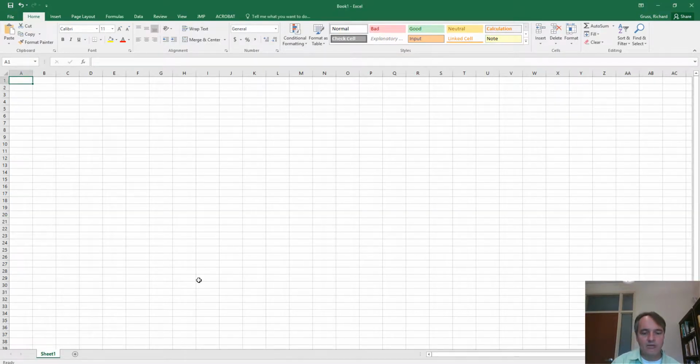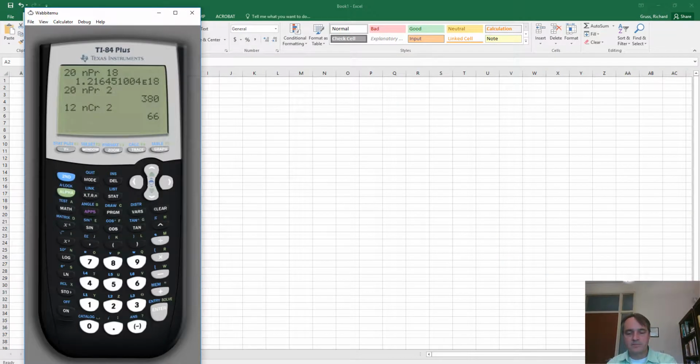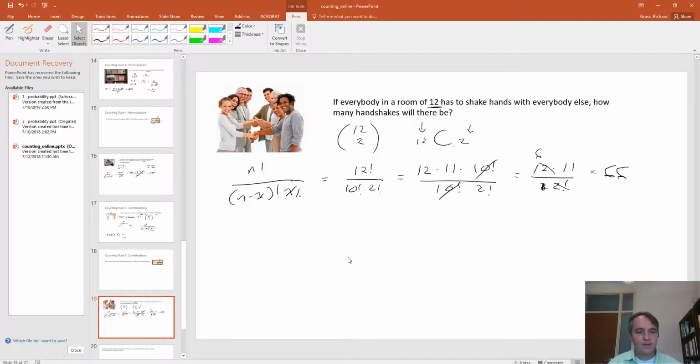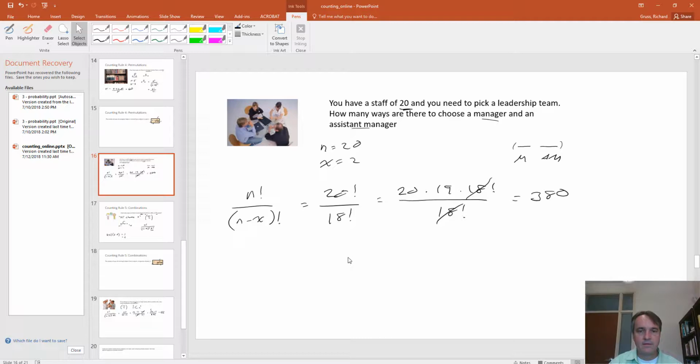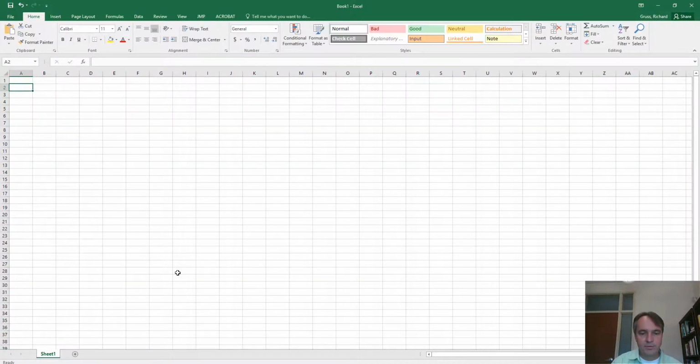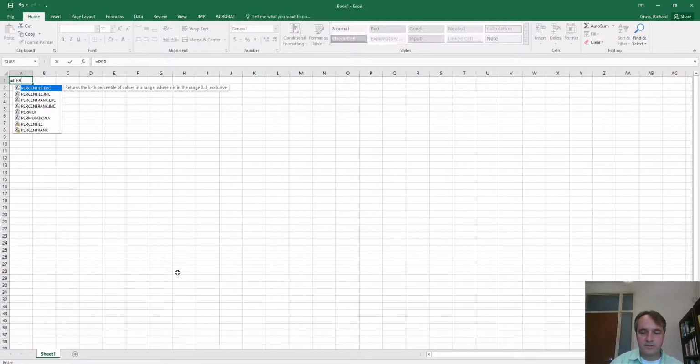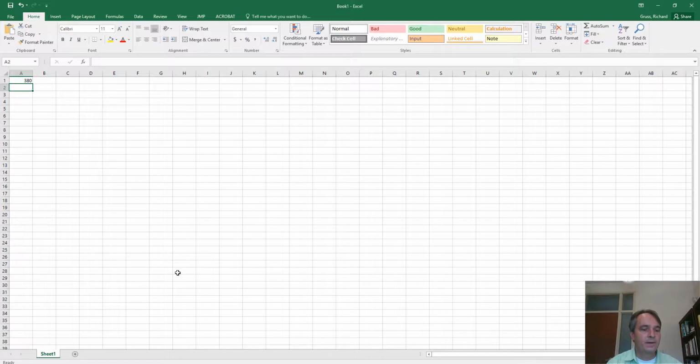Now, how do we do these two problems in Excel? We had 20 permute 2. In Excel, you're just going to do equals, and then the name of the function is PERMUT, and then 20, comma 2.